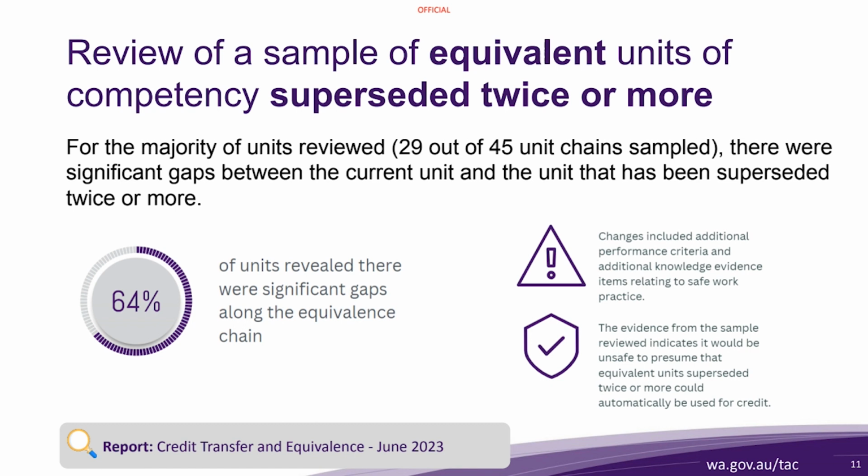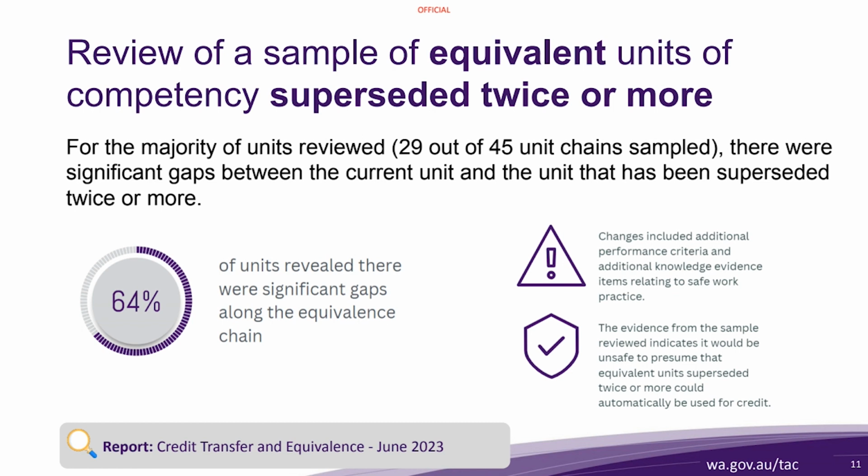Sometimes those equivalence chains were only 2 or 3 units long, sometimes as long as 4 or 5. The analysis only looked 4 deep, and that was partly because very often units of competency did not provide on training.gov the detail of the unit, so analysis could not be done.